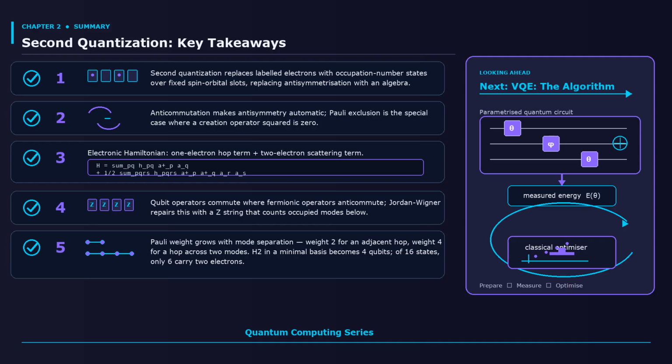The mapping problem is that qubit operators commute where fermionic operators anticommute. Jordan-Wigner repairs it with a string of Z operators that counts occupied modes below, at the cost of Pauli weight growing with mode separation. Weight 2 for an adjacent hop, weight 4 across 2 modes. Hydrogen in a minimal basis becomes 4 qubits. Next, VQE, the algorithm.